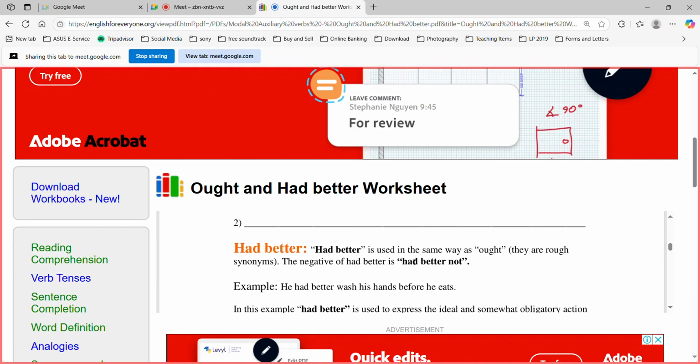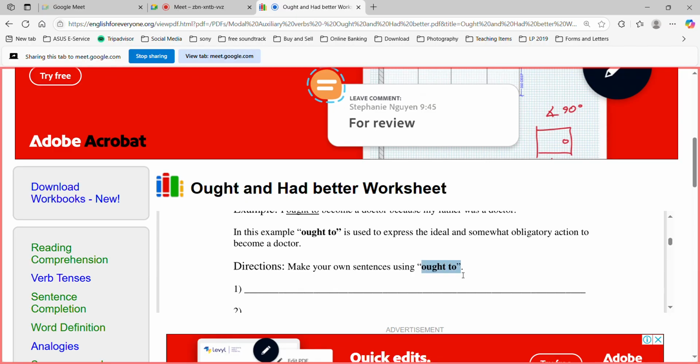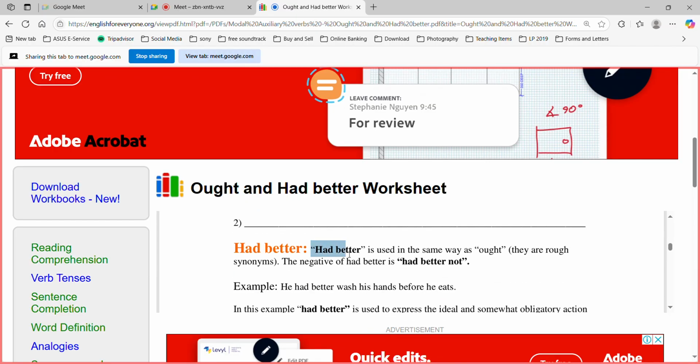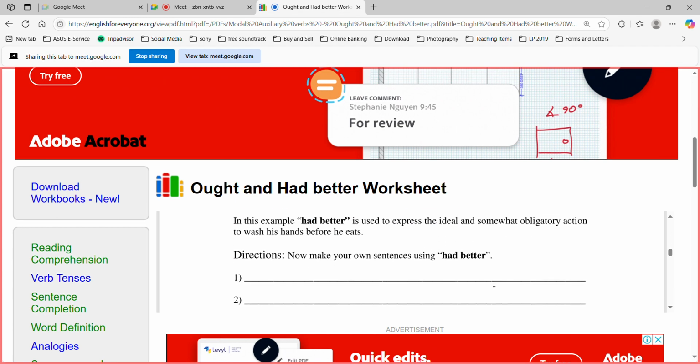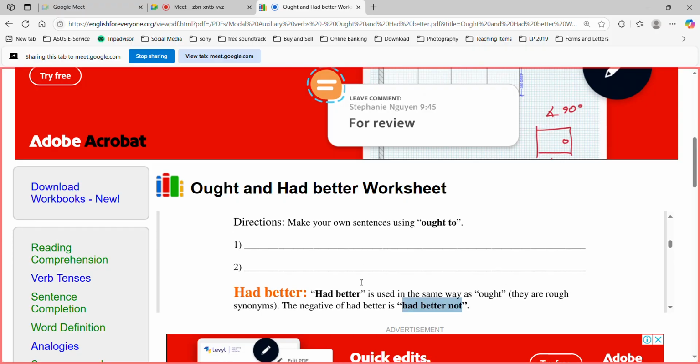Please do it now. You can construct your own sentences using ought to and also had better, or you can use had better not in your sentence. So please do it now. I give you 5 minutes.